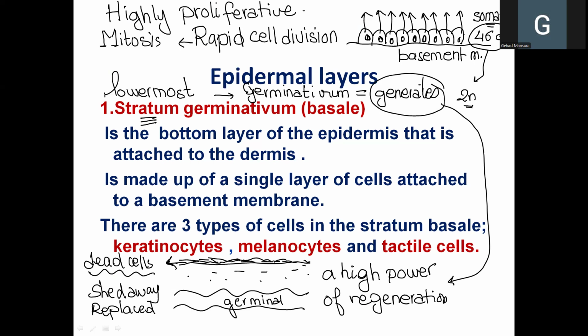Which layer is responsible for renewing them? It is the germinal layer, by creating new daughter cells at the bottom that will push the older cells upward and will regenerate the thickness of the epidermis.